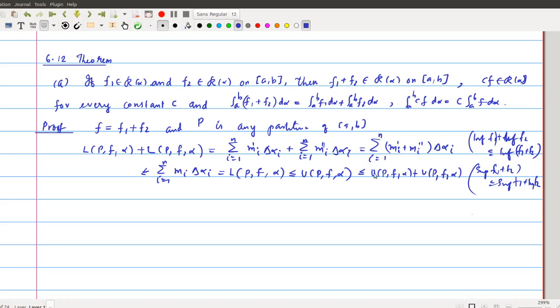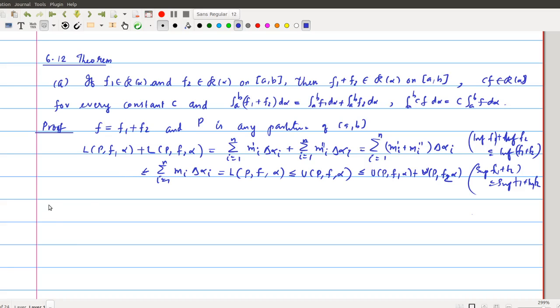So these are the relations between the lower and upper sums of f1, f2 and f1 plus f2. We are given that f1 and f2 are integrable.